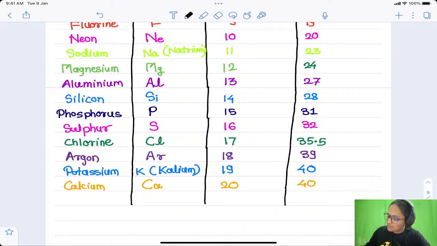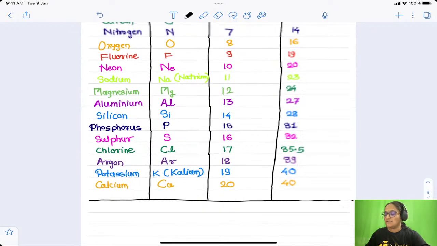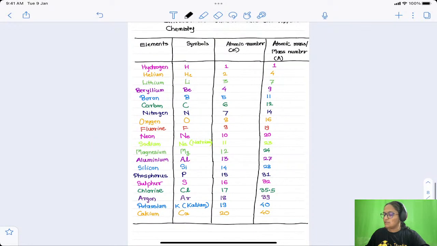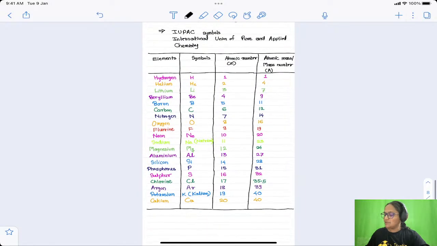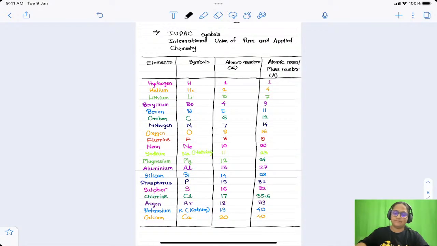Symbols are IUPAC symbols. You should remember at least these 20 symbols for the elements. Take a screenshot of this page. It is mandatory to remember at least 20 symbols.